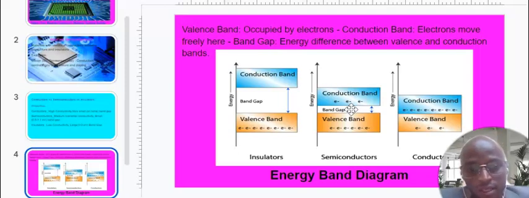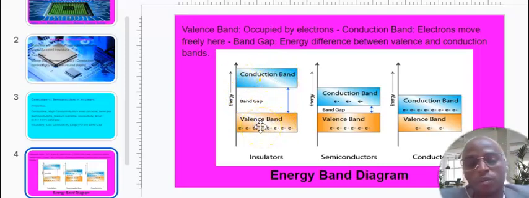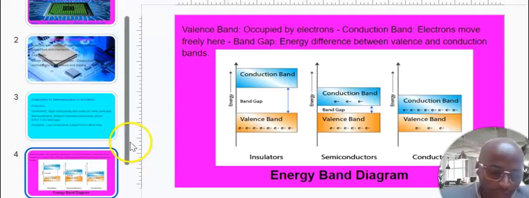We have seen for silicon you require 1.1 electron volt to bridge that gap, for germanium approximately 0.6 electron volt. With insulators, we have the highest band gap between the conduction band and the valence band, and again we have seen it is greater than 3 electron volt.